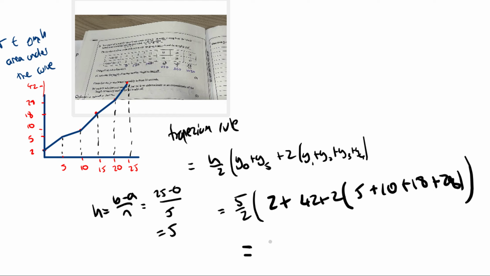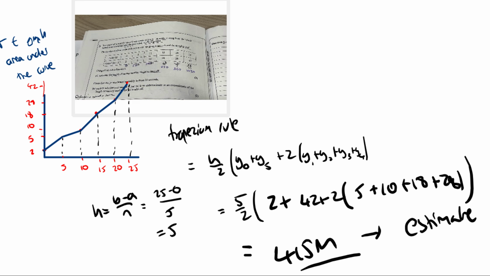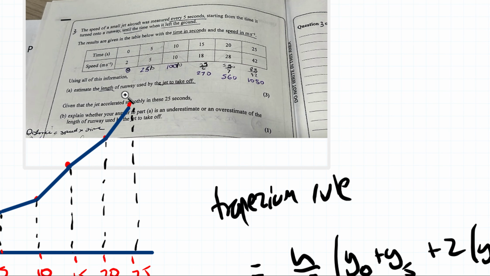Then we can plug that straight into our calculator: 2.5 times 2 plus 42 plus 2 times 5 plus 10 plus 18 plus 28. Plugging all that in, we get a distance of 415 meters. So this is our estimate for the area under the curve, so the distance that it travels, the runway estimate.